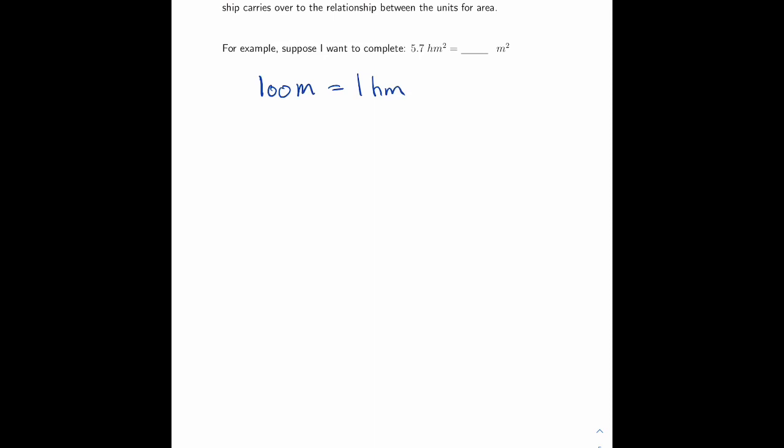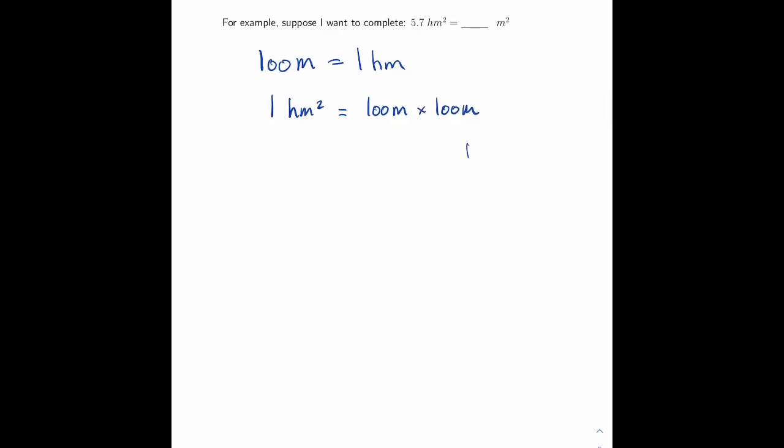So if I know that a hectometer is 100 meters, then 1 square hectometer is an area that's 100 meters by 100 meters. If it helps you to draw it, you're certainly welcome to do that. You have 100 meters by 100 meters.